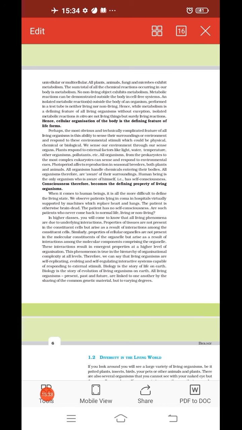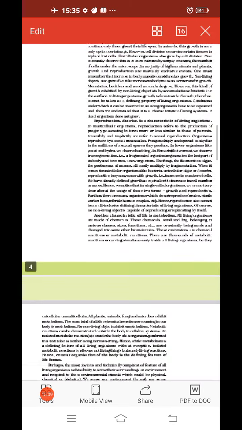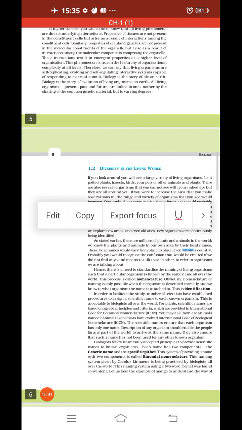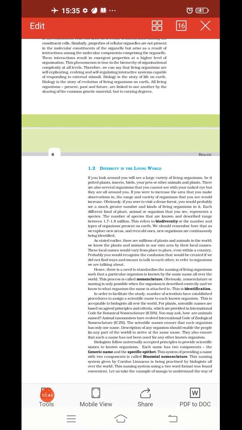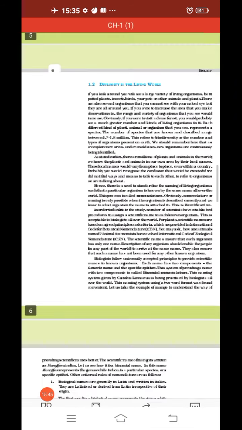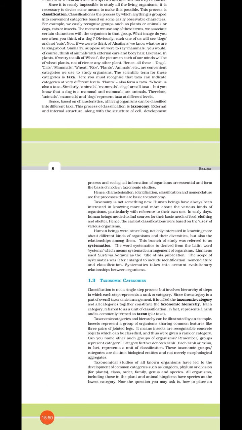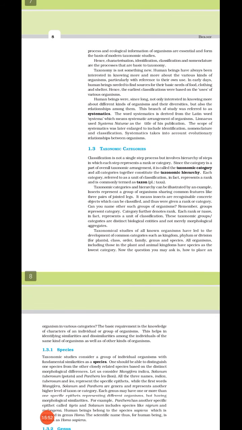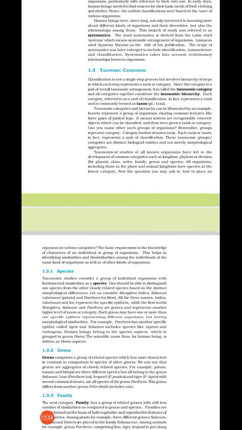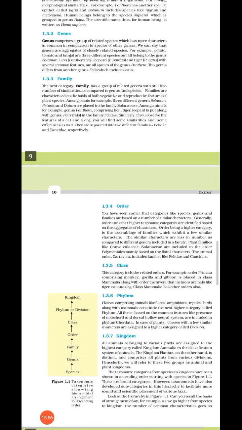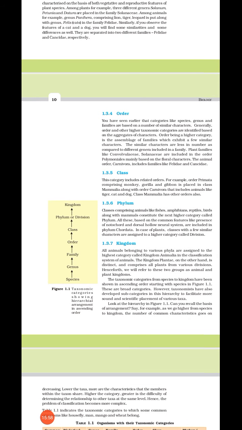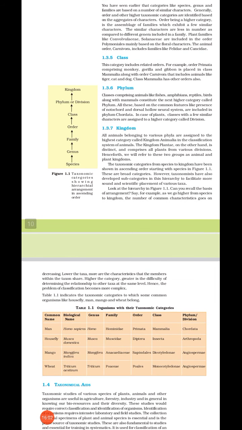Characteristics of living organisms, then binomial nomenclature, biodiversity, rules of binomial nomenclature, then taxonomic categories, then the hierarchy of classification, and we studied each category in detail.